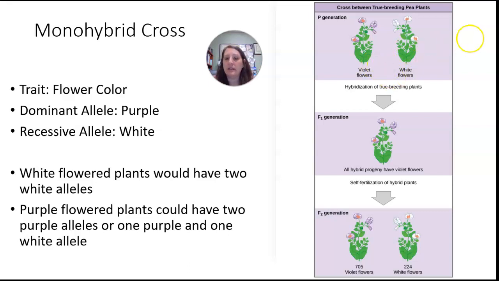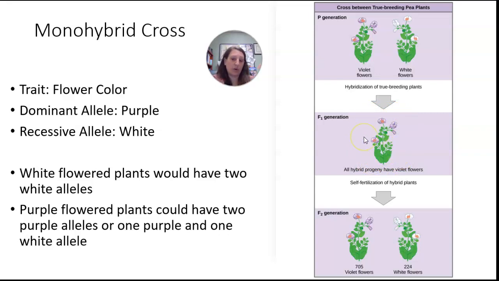When we cross these, 1 allele from each ends up in the gamete, and then those gametes will come together. The violet plant only has the purple allele to give, and so that's what it's going to give. The white flowered plant only has the white allele, so that's what it's going to give. So all of the offspring of this cross will end up as hybrids or heterozygotes.